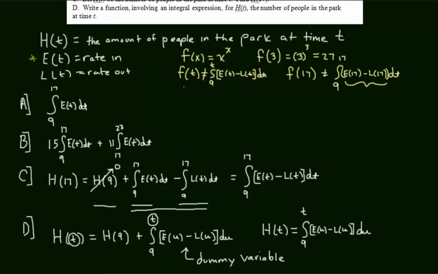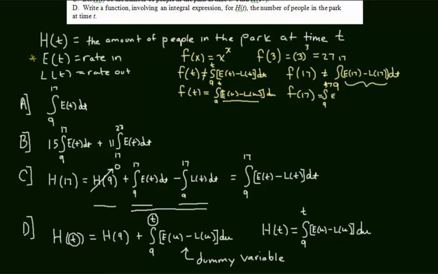But if I let the function f of t equal the integral from 9 to t of e of u minus L of u du, then when asked to find f of 17, I know that I need to plug only into the bound, 9 to t, or 9 to 17, because I plugged the 17 in for the t, and I would know not to plug it into here because it is not of t, it is some other variable.